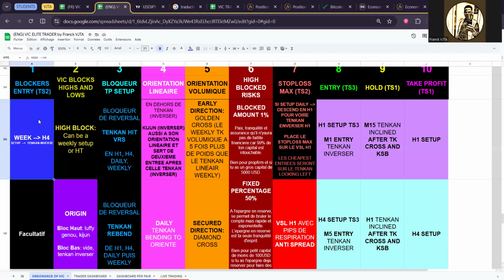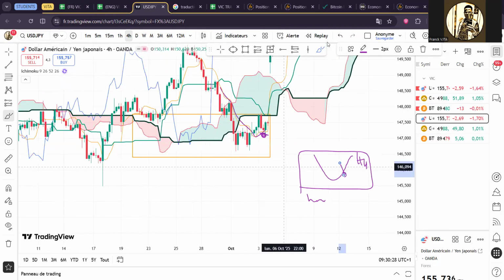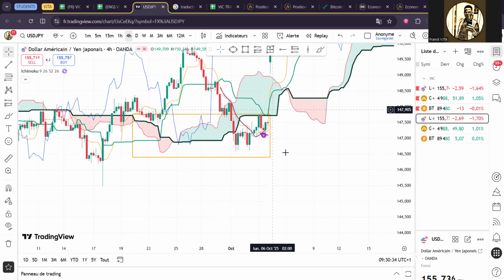Okay. So why am I insisting on this method, this time frame skipping by 2?